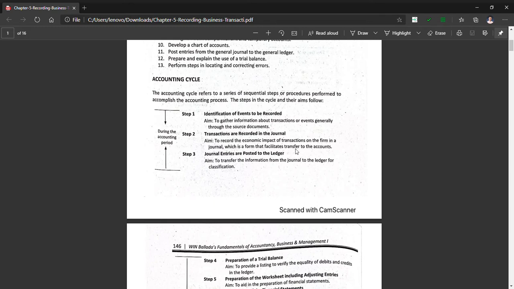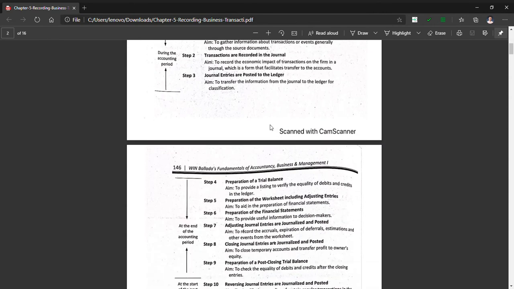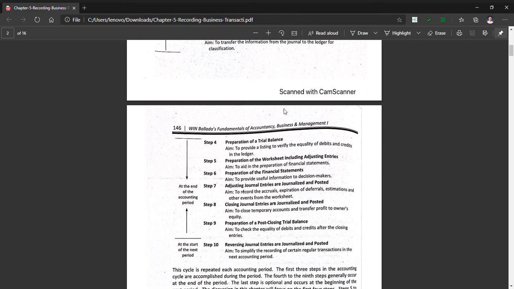At the end of the business year, at the end of the period, meron na tayong mga balances for every account, right? So meron tayong ending balance of the cash, meron tayong ending balance of our payables, meron tayong ending balance for our capital. So every account title, meron siyang ending balance na makikita natin sa ledger. At dahil meron na tayong balance, we can now prepare a trial balance.